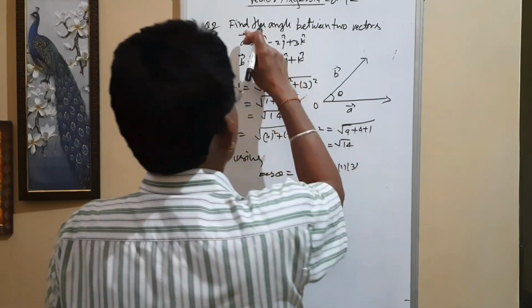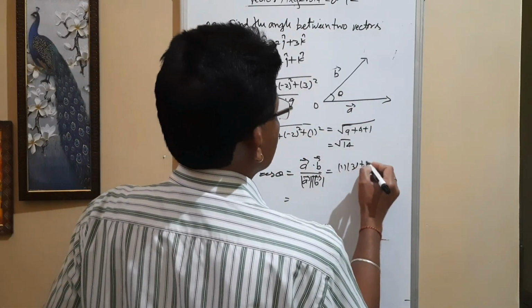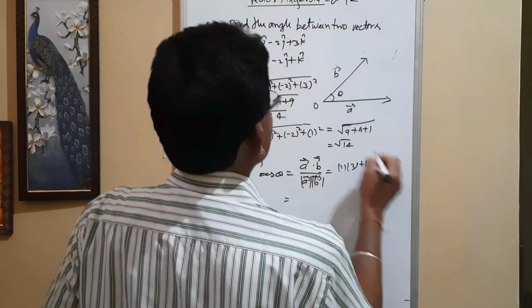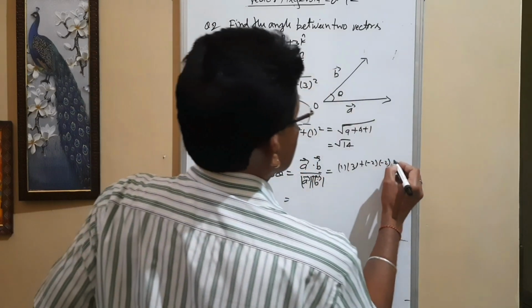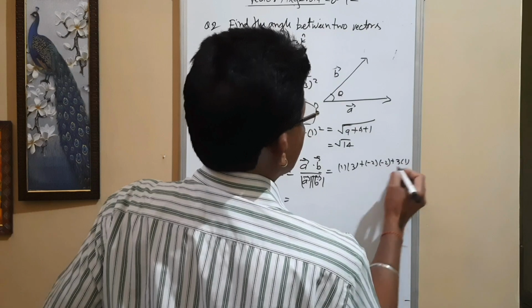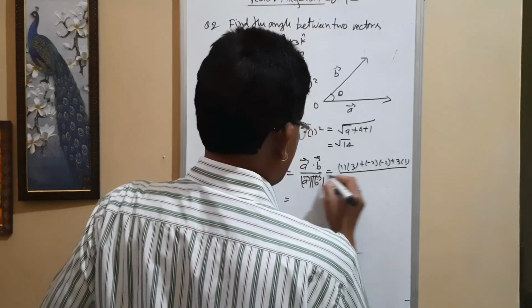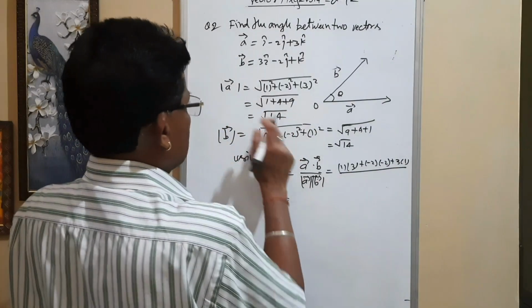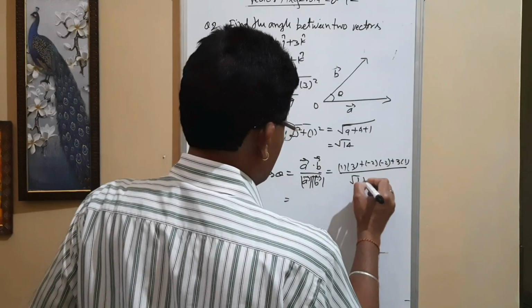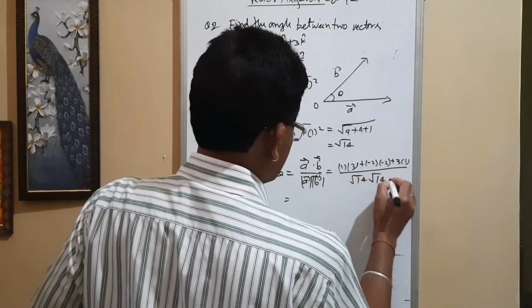Multiply 1 with 3, plus -2 with -2, and 3 with 1. Divided by the same thing, the product of magnitudes, that is root 14 and root 14.